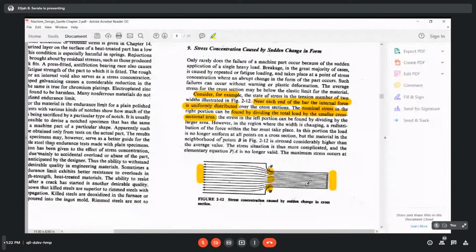So the nominal stress should be based on the smaller area. So that is what it means. Stress concentration is a higher stress on the surface of the bar compared to the one at the middle.